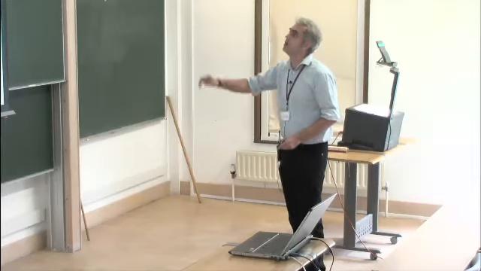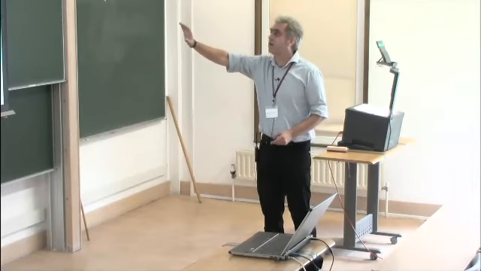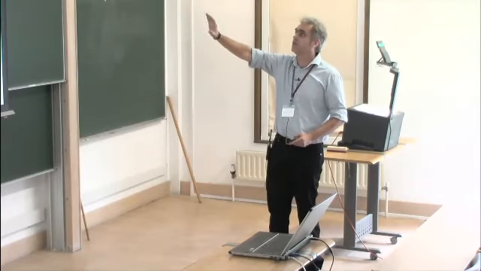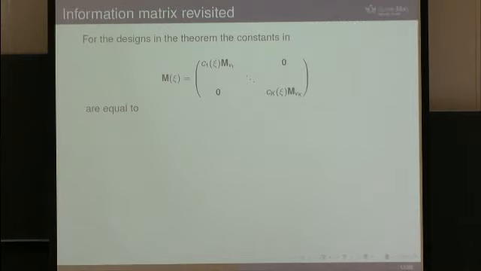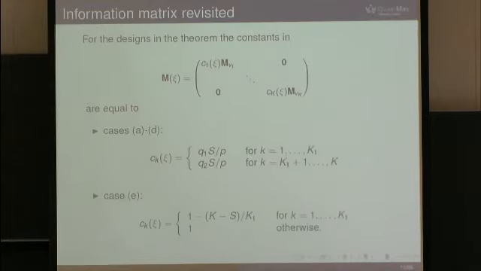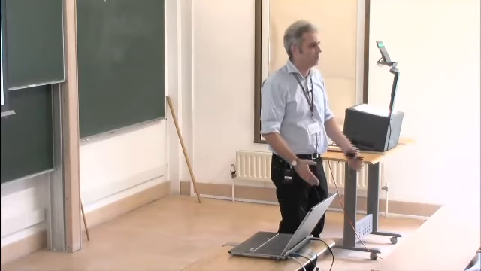Now, having that result, coming back to this information matrix of the types of designs I'm considering, we now know the C constants. The only point of this slide is to say, okay, now if we have this 2-group case, the information matrix we saw before where the C's were unknown, we can actually pin them down, we have values for them. So the information matrix of an optimal design is fully known.